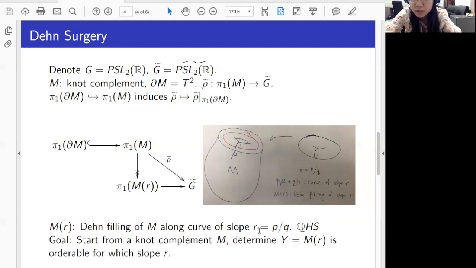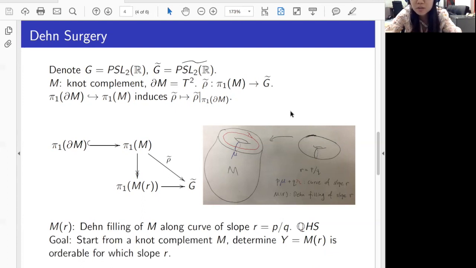And if we compute the homology of the Dehn filling, we can see that the Dehn filling is a rational homology sphere, which is abbreviated as QHS. Okay, but why do we need to do this Dehn surgery to get a rational homology sphere?